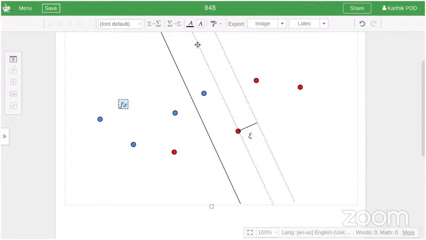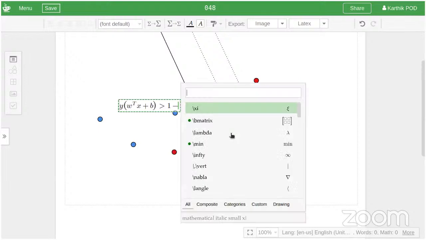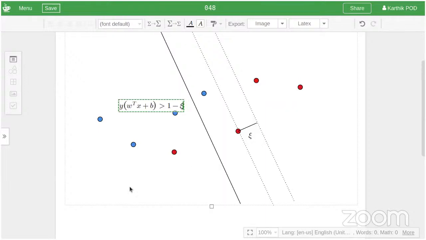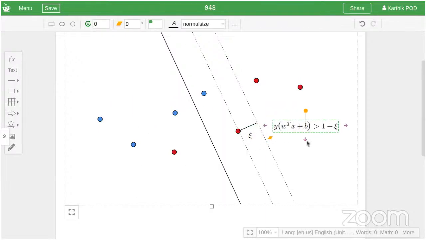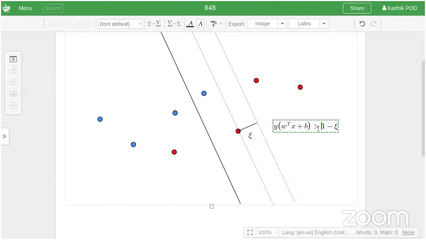It's enough if you're to the right of this line. So y into w transpose x plus b is greater than, what is this distance from the bounding plane? It is 1 minus the slack. This is how I get the constraint. Is this okay now?